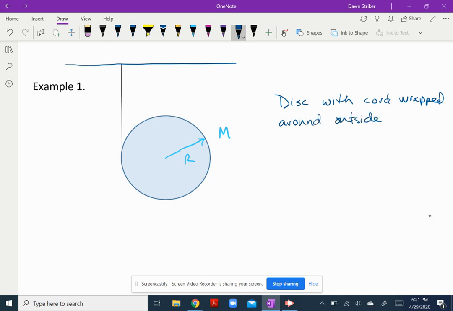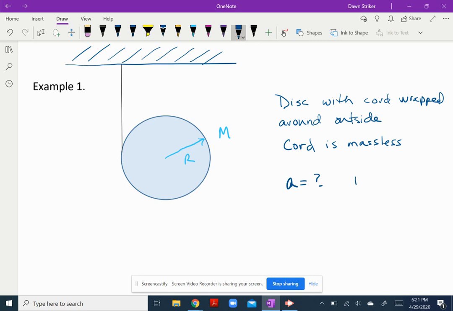And let's assume that the cord is massless. And I'm just going to let this thing drop from rest. Maybe the cord is attached to the ceiling at one end and it's going to unwind and drop. All right. And I would like to know, what is the acceleration of that disc?